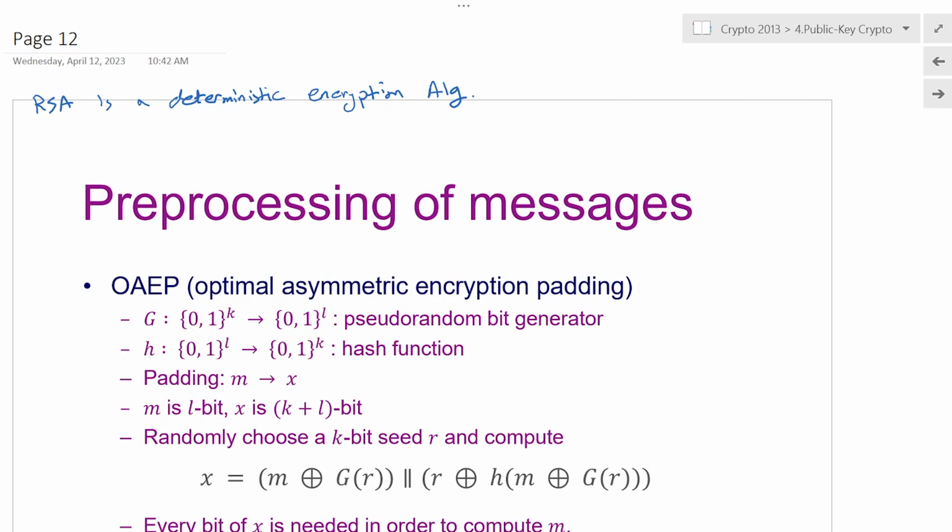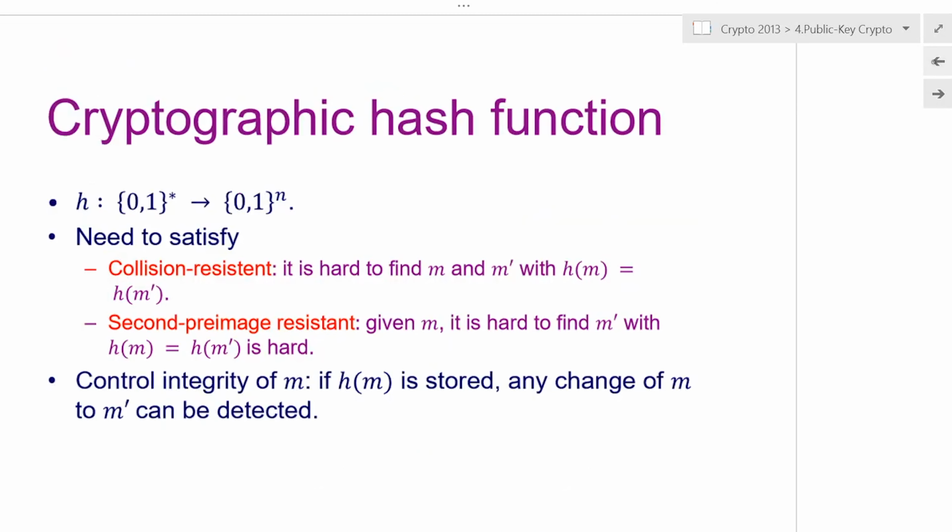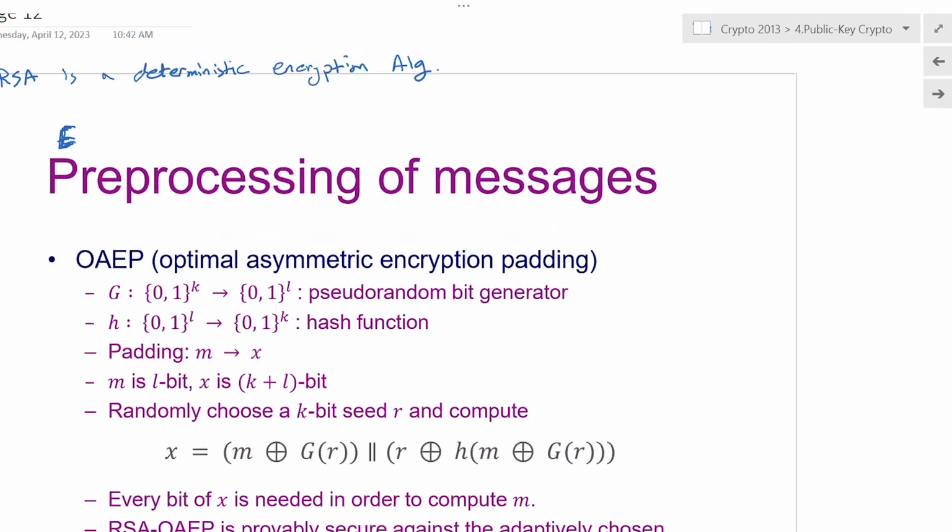Encryption of a message given the public key with RSA, we get m to the e mod n. I know the public key and I know how the encryption algorithm works, so every time you pass the same message, the resulting ciphertext would be the same. There is no randomness here.